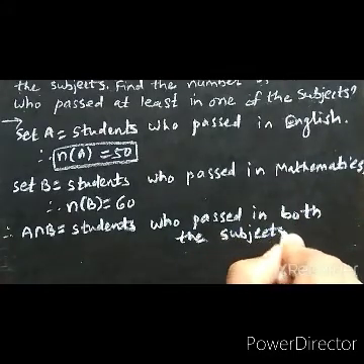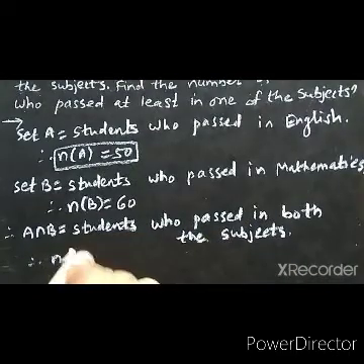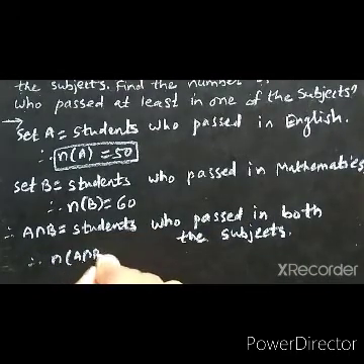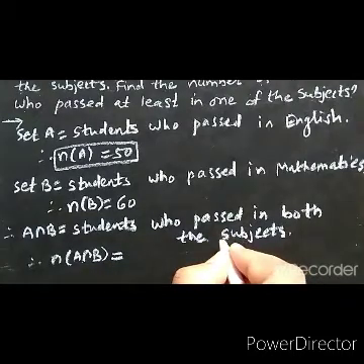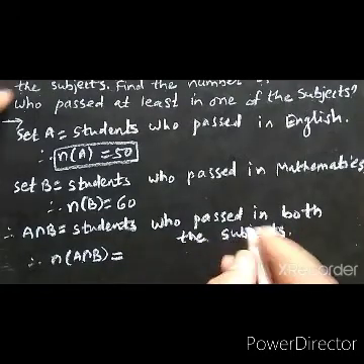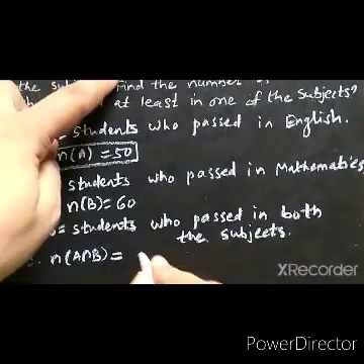Therefore here we can write N of A intersection B, that is the total number of students who passed in both the subjects, that is 40.